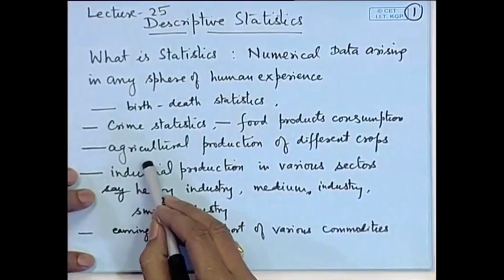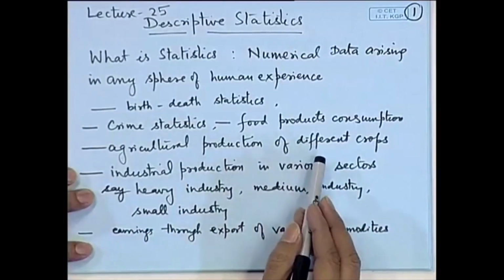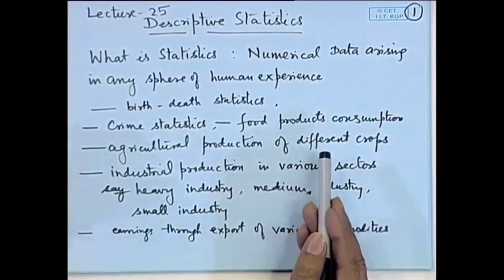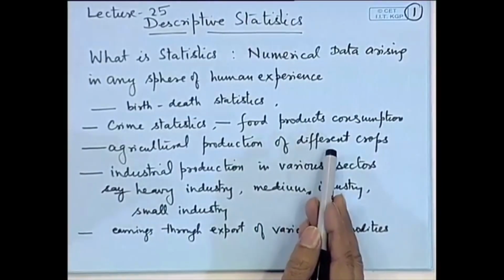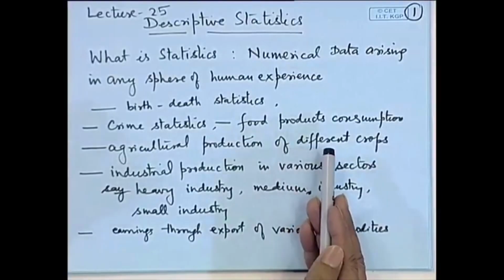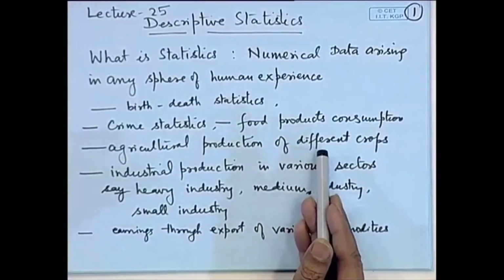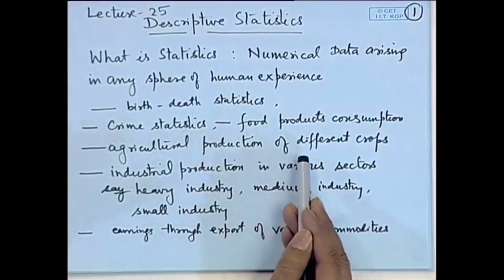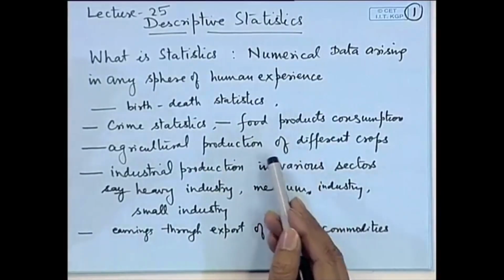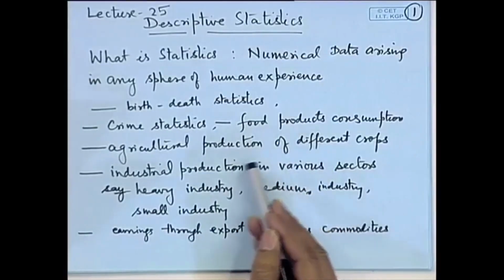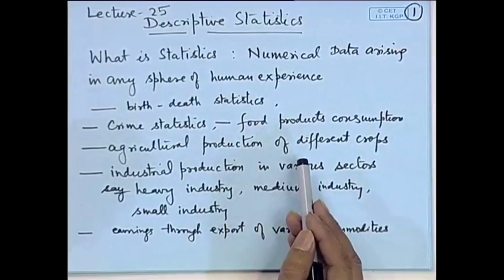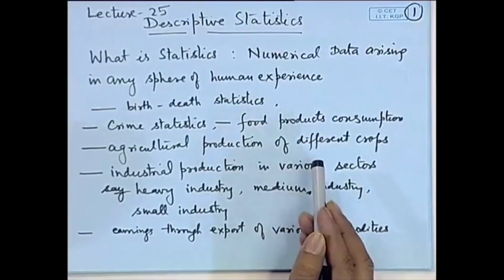Government regularly keeps the record of agricultural production of different crops. So, how much production will be there under, say, wheat, how much production will be there for rice, how much will be the production for the pulses, and this type of information is extremely important for making the policies by the government: how much should be released in the market, what should be the pricing, whether there should be any import of these products from other countries to meet the shortfall, or if there is a surplus, then should the government be exporting, it should be encouraging the exports.